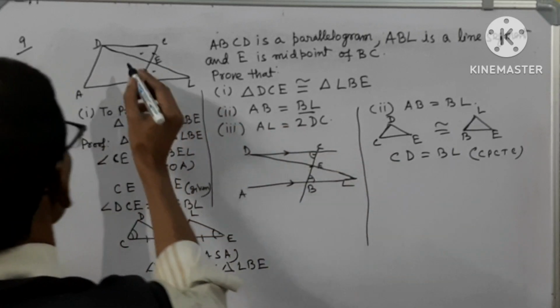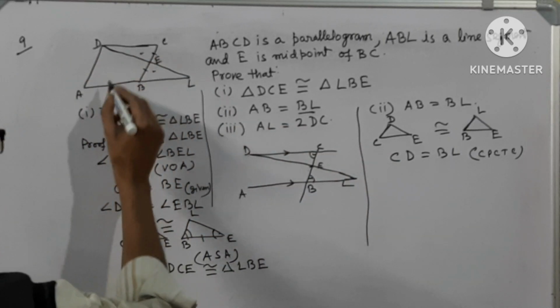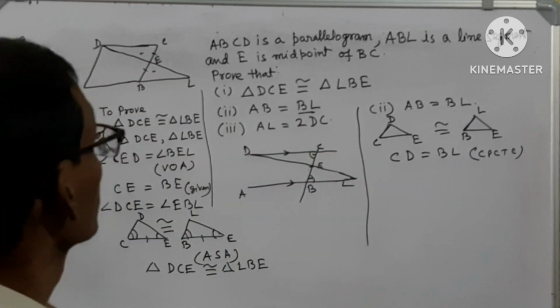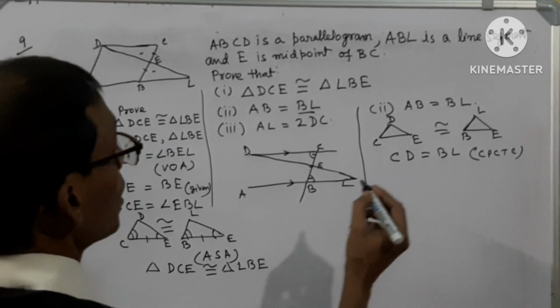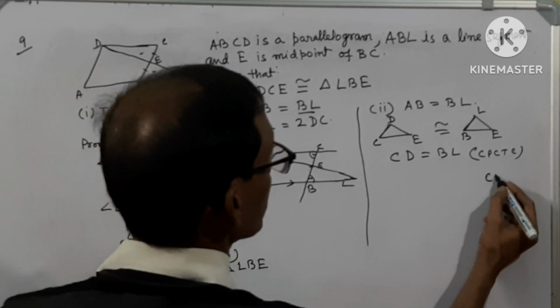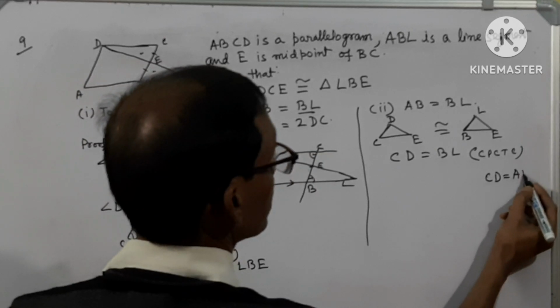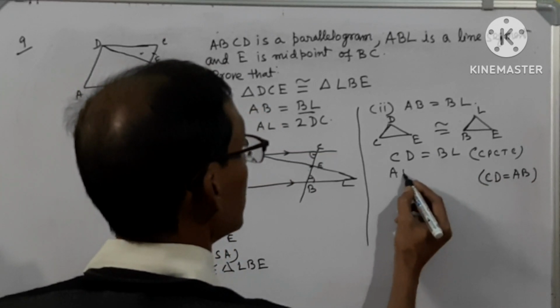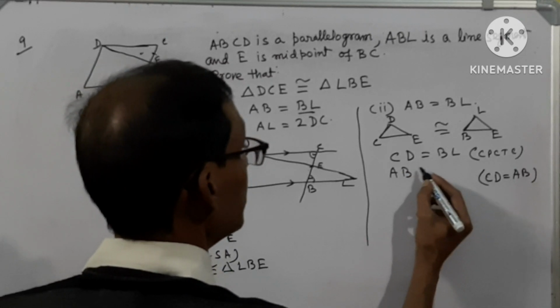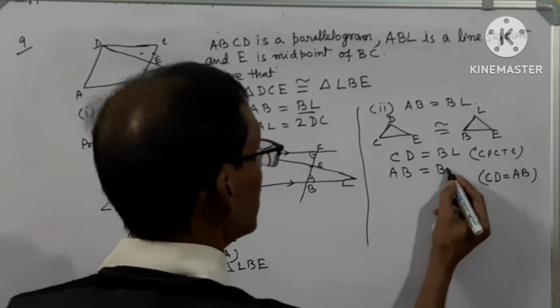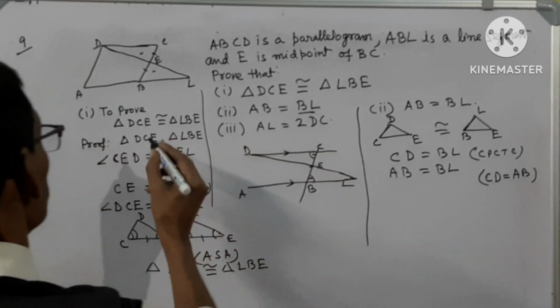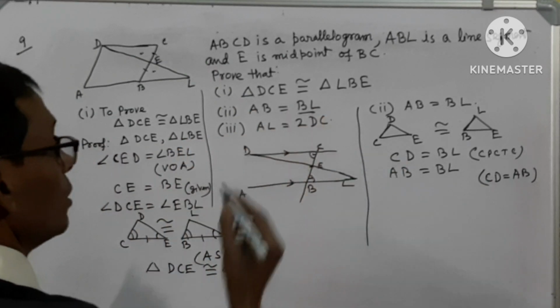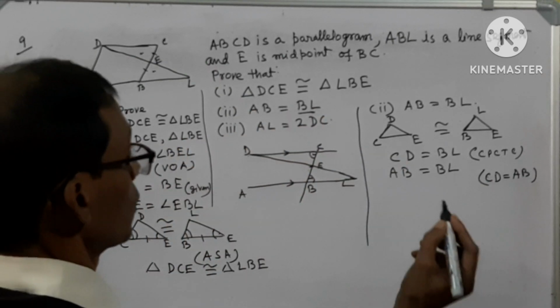Now CD and AB are opposite sides of the parallelogram, so CD equals AB. For this reason, I can write AB in place of CD, and AB equals BL, because you have to prove that AB equals BL. So this also got proved.